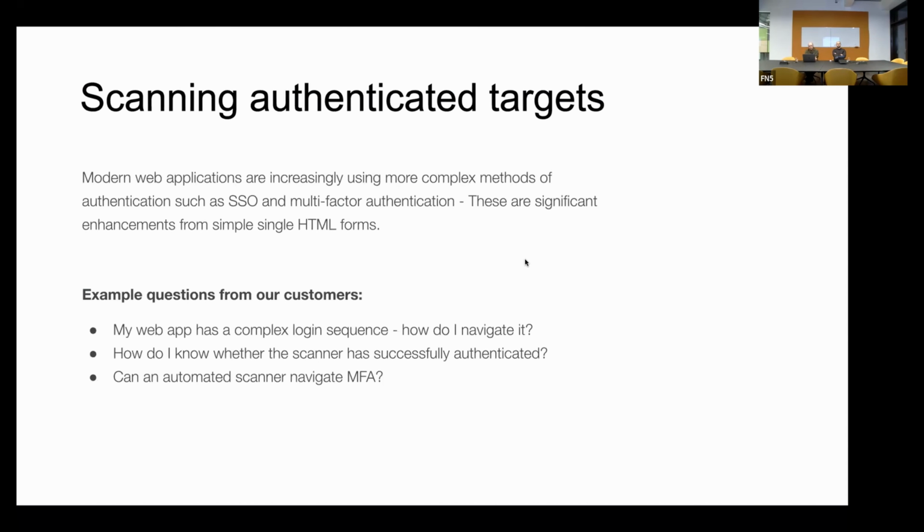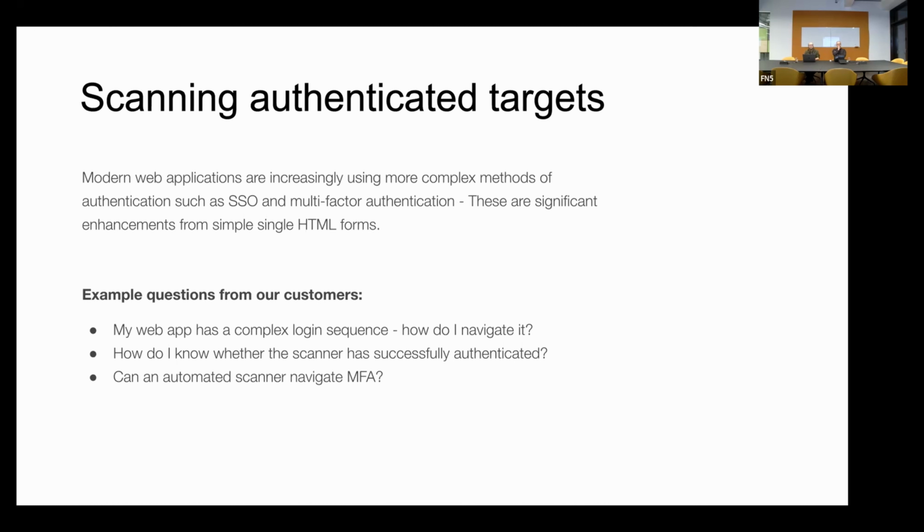So as we know, in terms of the modern web application landscape, with authentication, we're getting increasingly complex with those methods, SSO, multi-factor authentication, moving away from that simple single HTML form for logins. So we do get a lot of questions around this. I've got complex login sequences.